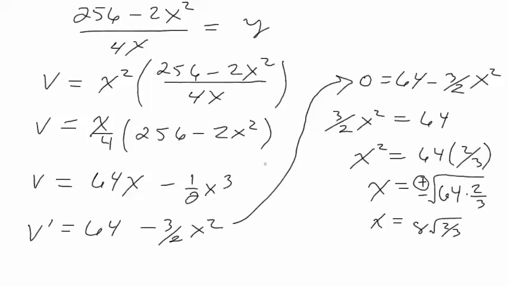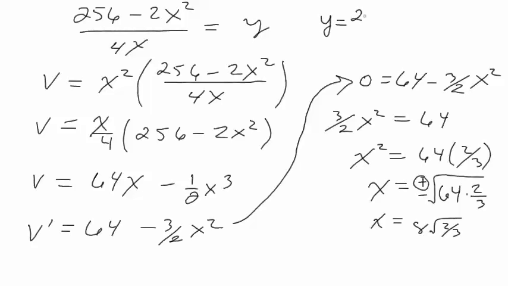Alright, so we got our x, and now we're going to need our y. And of course, remember y was equal to all this lovely mess up here. Okay. So, let's just write it up here.